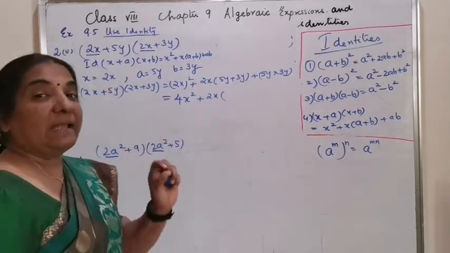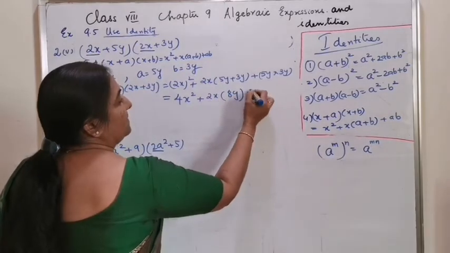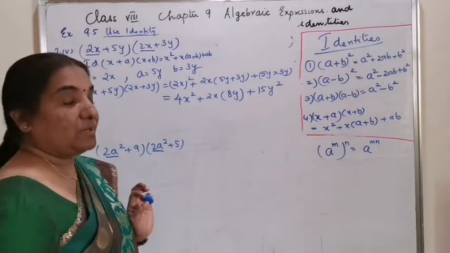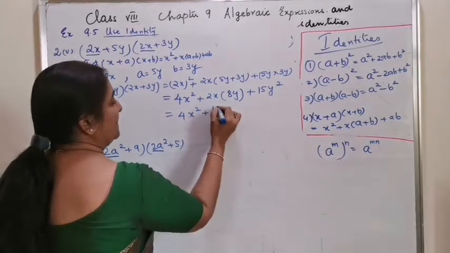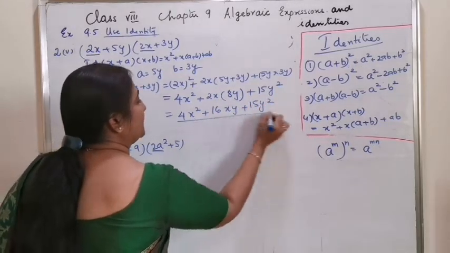Both are like terms. So 5 plus 3 is 8y, plus 5 into 3 is 15y square. So what is the final answer? 4x square plus 2 8s are 16xy plus 15y square.